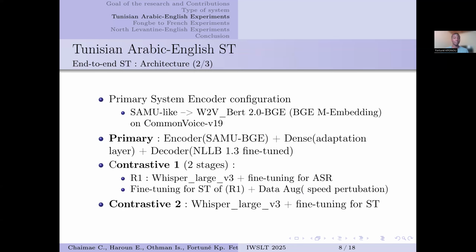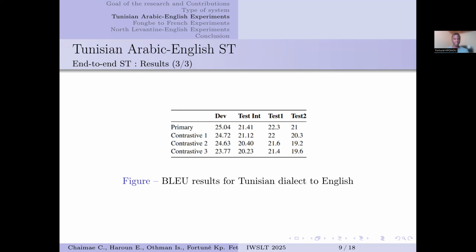For the contrastive one system, we proceed in two stages. In the first stage, we fine-tune our Whisper to perform the transcription of Arabic, and we took that model, which is further fine-tuned to perform the speech-to-text translation with data augmentation. For the contrastive 2 system, we only fine-tune our Whisper V3 system without any data augmentation.